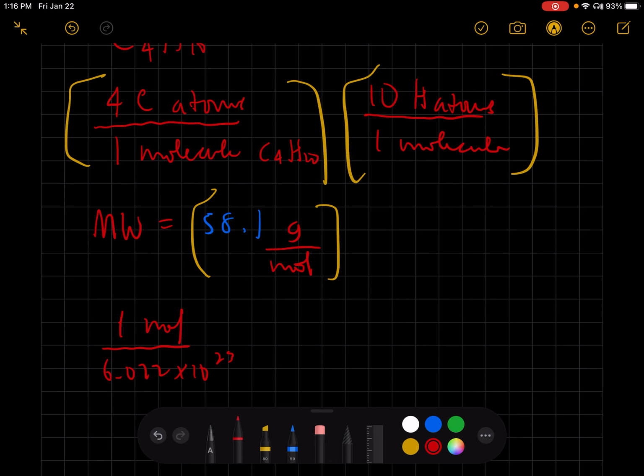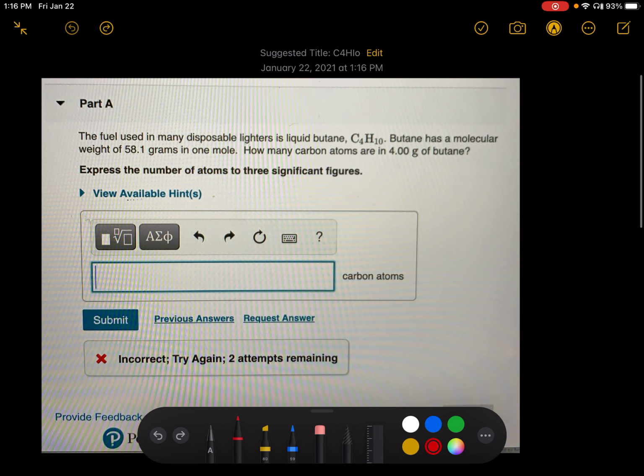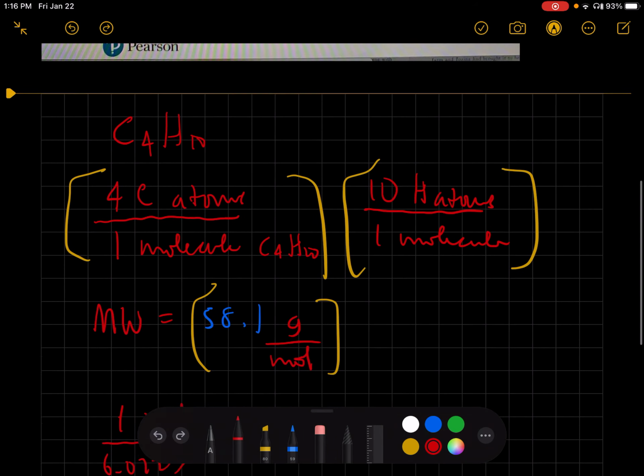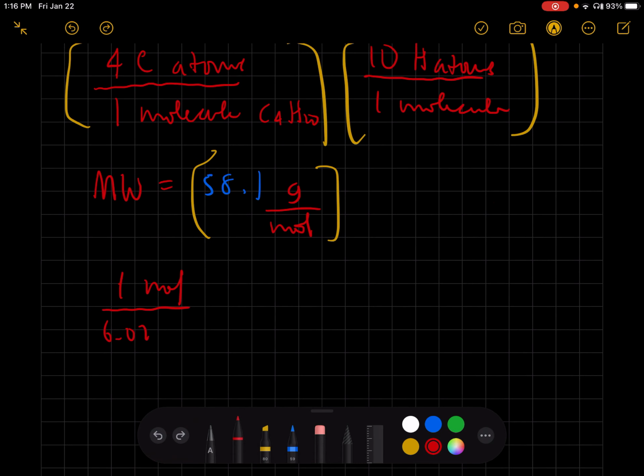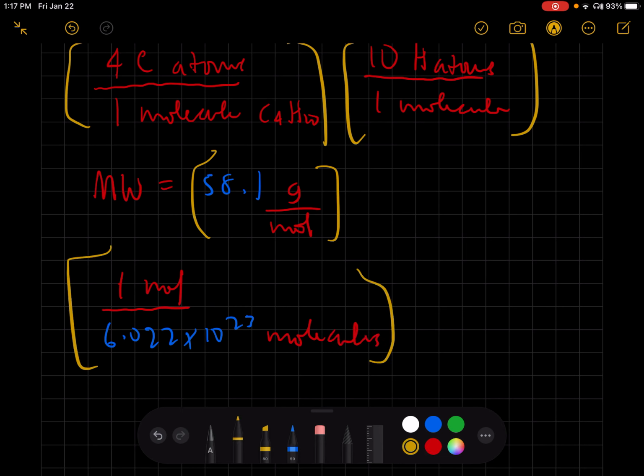Actually, let me write that in blue. Probably a better way to erase than that. 6.022 times 10 to the 23rd particles, right? Or pieces, or molecules, right? There's another ratio, okay?